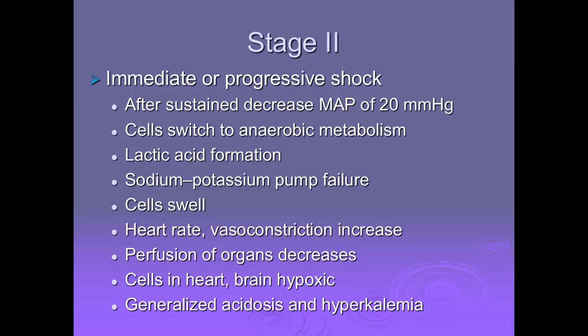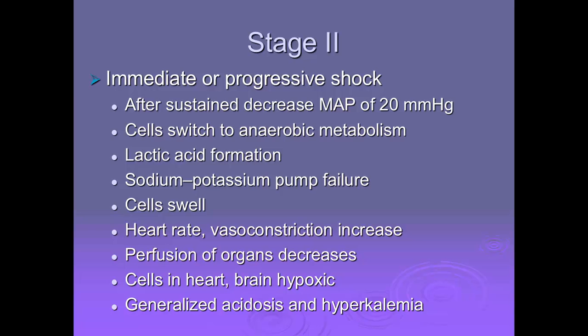All right, looking at stage 2. It is also called intermediate or progressive shock. This stage occurs after a sustained decrease of MAP of 20 millimeters of mercury. So you can see how it's getting worse and worse as the shock state continues.